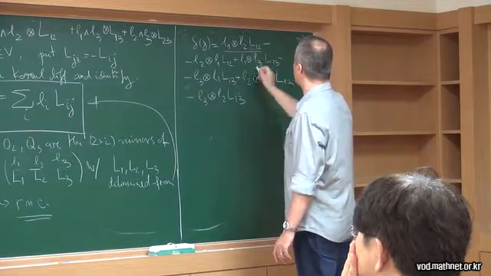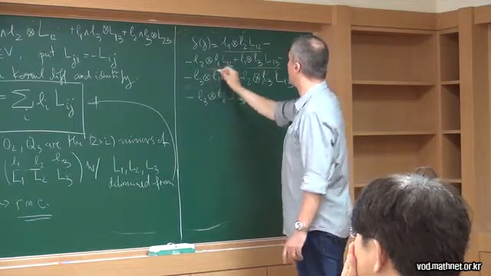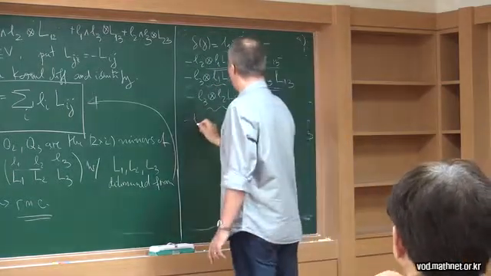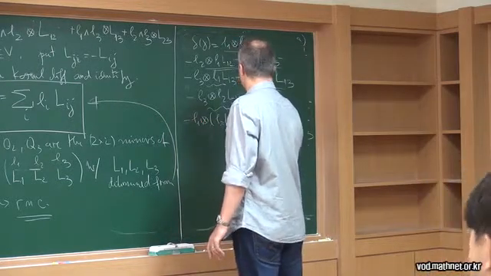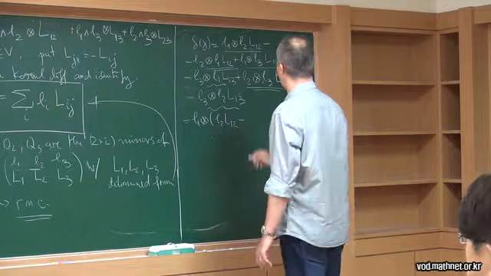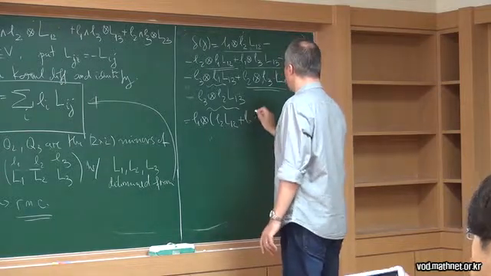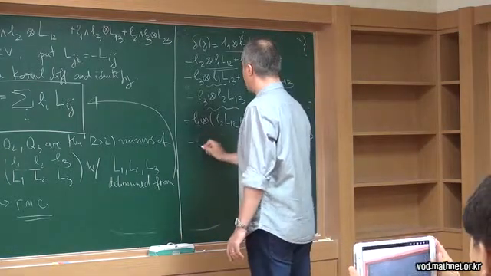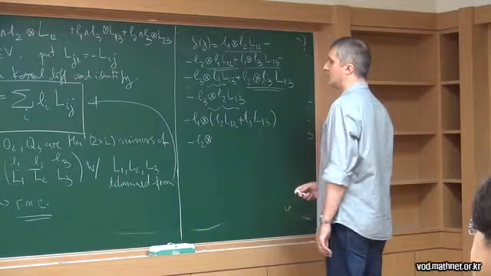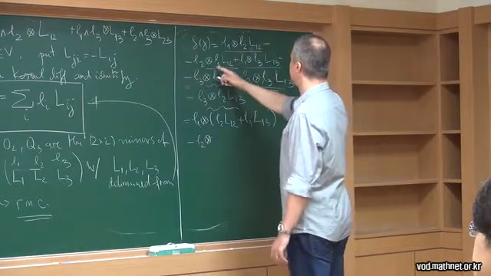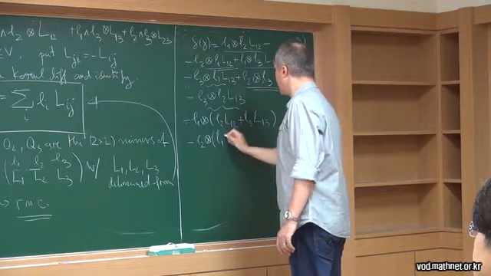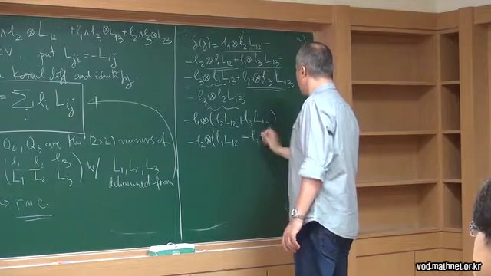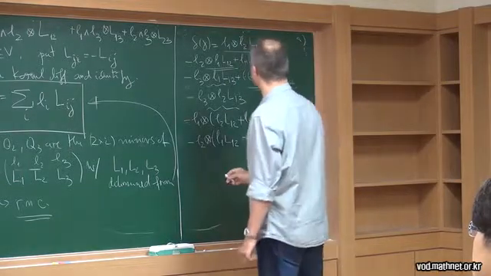So we just have to add this term with this term, this one with this one, and this one with this one. So we get L1 tensor L2 L12 plus L3 L13. Now for L2, minus L2 tensor L1 L12 plus, sorry, minus L3 L13. I hope I got the signs right.